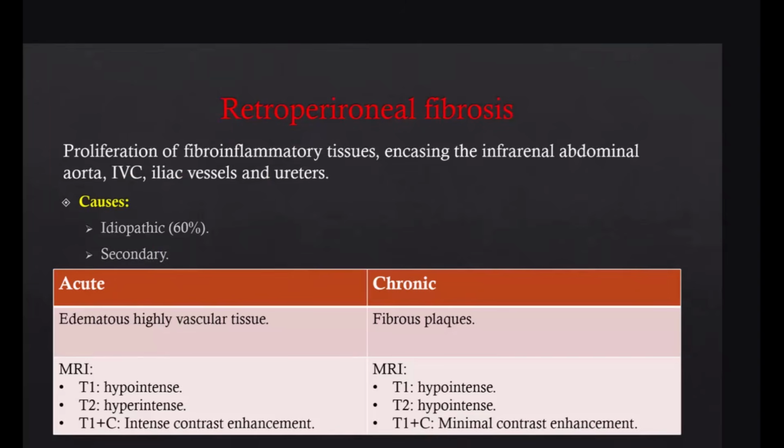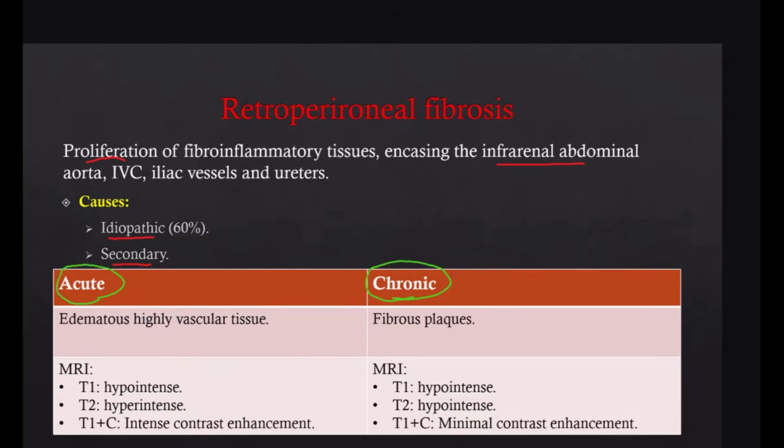Retroperitoneal fibrosis, our definition is proliferation of the fibrofatty tissue encasing the infrarenal abdominal aorta, IVC, iliac vessels, and ureters. The causes are idiopathic, secondary to drugs, or secondary to any inflammatory process. We have two types of retroperitoneal fibrosis, acute type or chronic type.